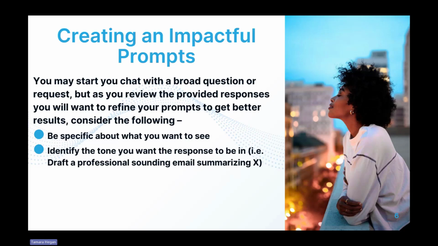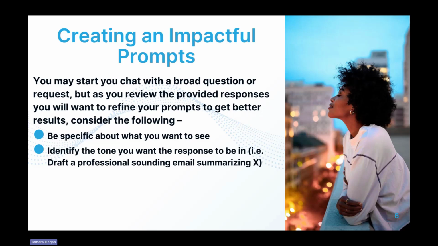Identify the tone that you want responses to be in. If you're trying to get Copilot Chat to help you develop an RFP proposal, then you want to ask it to draft a professional sounding email that summarizes X, or a professional sounding executive summary for an RFP based on these criteria, and really let it know what tone you want.